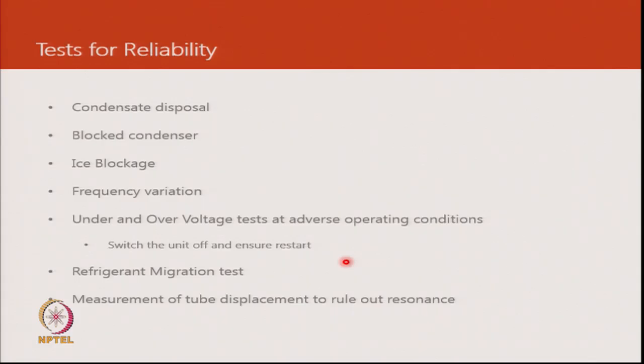Then we look at tests for reliability. While we did not discuss something called the condensate disposal test. In window air conditioners, you will normally see some amount of water which has been removed from the occupant side or from the conditioned side.